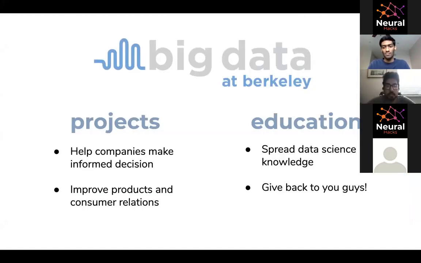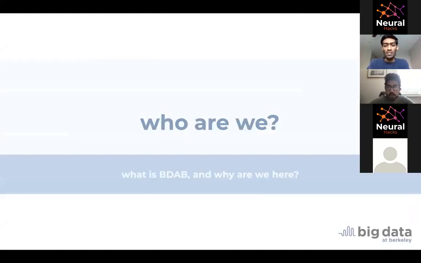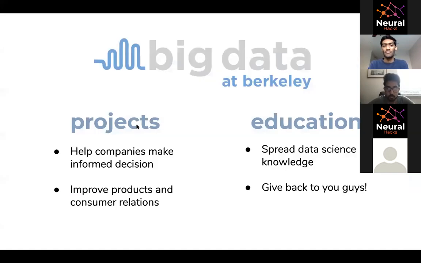First, I just want to start off with a couple things about who we are and what Big Data at Berkeley is. Big Data at Berkeley is a student organization interested in data science, and we have two main committees.